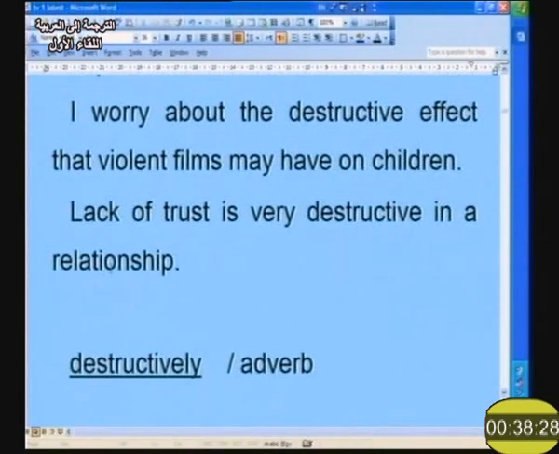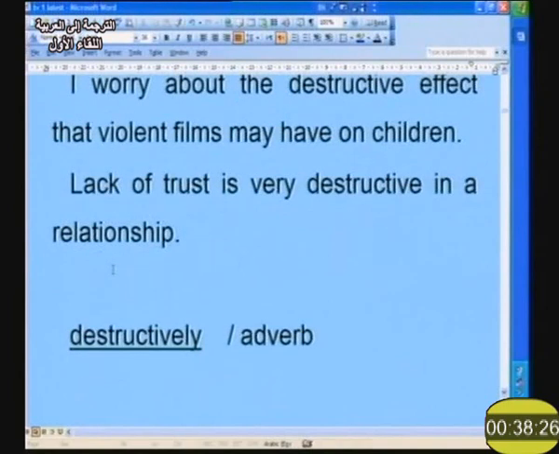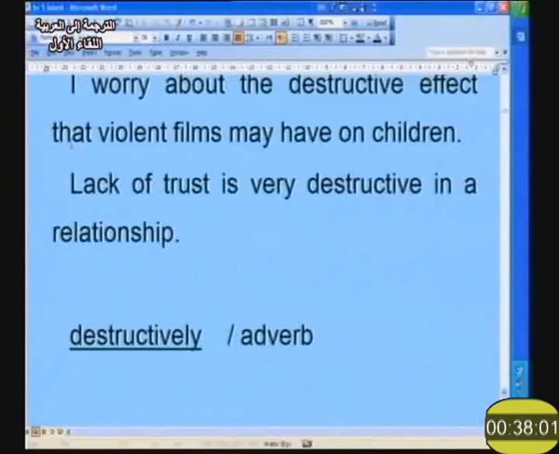Lack of trust is very destructive in a relationship. انعدام الثقة له أثر مدمر جدا في أي علاقة. The adjective describes, modifies, and qualifies nouns, whereas adverbs describe and qualify verbs. Destructively is the adverb from destroy.